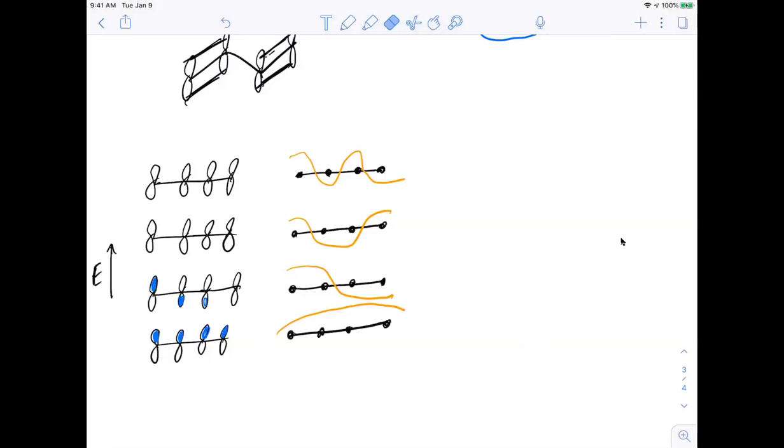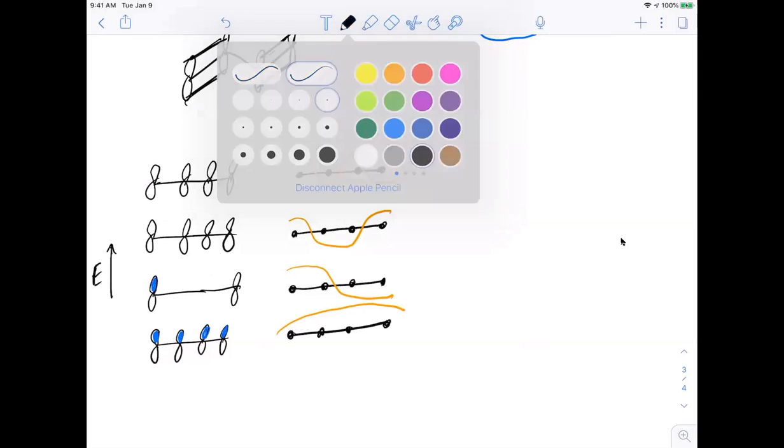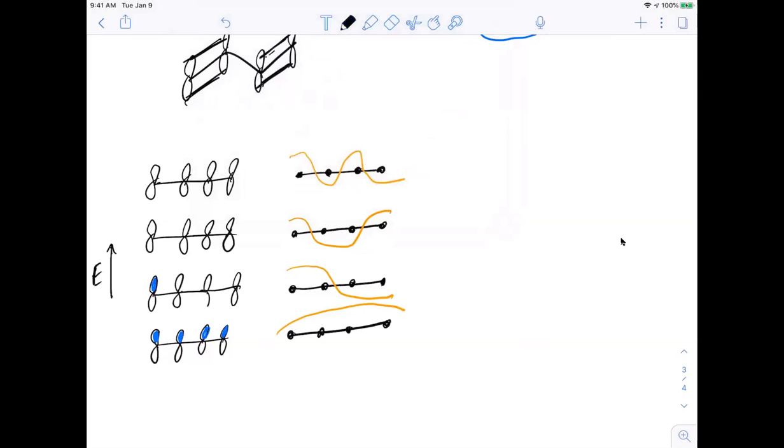Oops, that is incorrect. Fix that. And then here we have node up, and then 2 nodes down, and a node up. And on the last one, we have a node down, up, down, up, down.